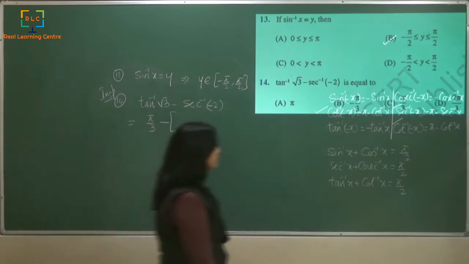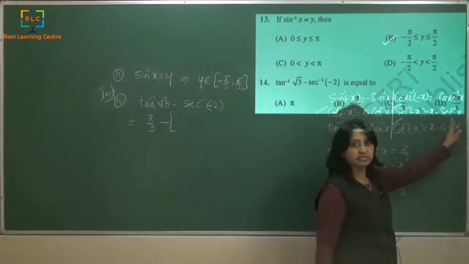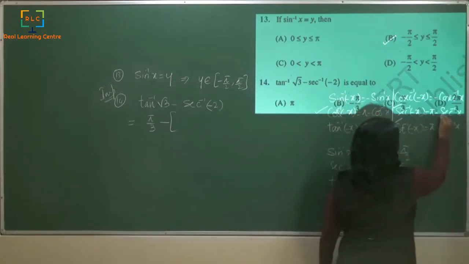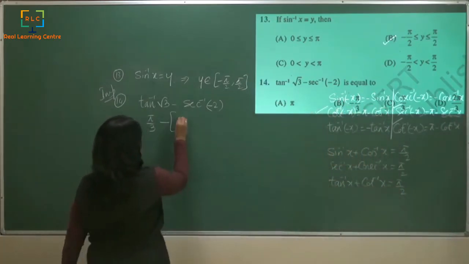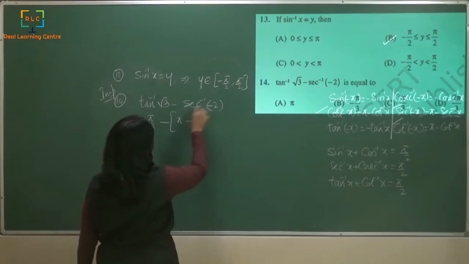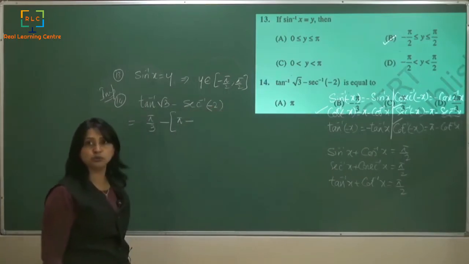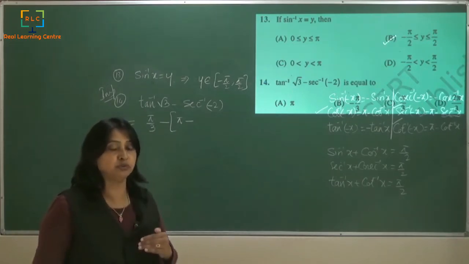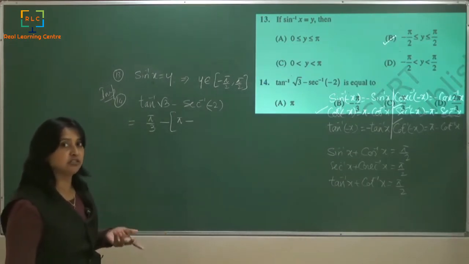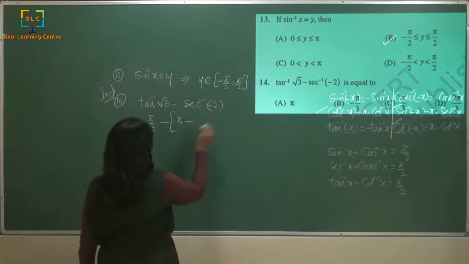What is secant inverse of -x equal to? It is pi minus secant inverse x. I am not going to write the secant inverse of x. Instead, I'll calculate for what degree it is. So I'll write pi minus, and secant of what degree is equal to 2. Or the other way around, cos of what degree is equal to 1/2. Cos of what degree is equal to 1/2 is 60 degrees. So this also will be 60 degrees, in the sense pi/3.